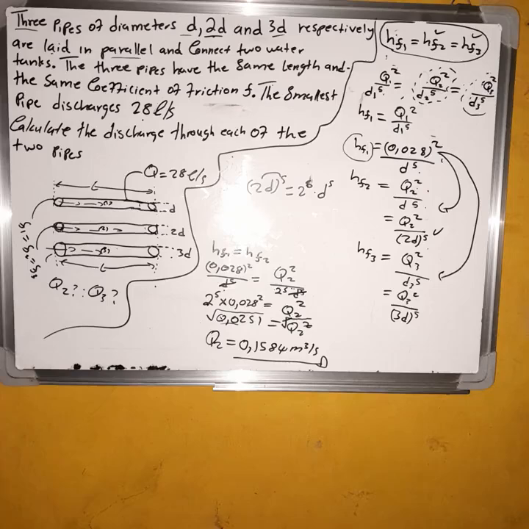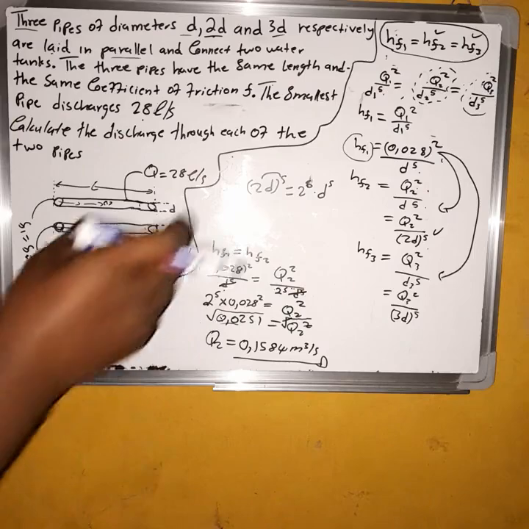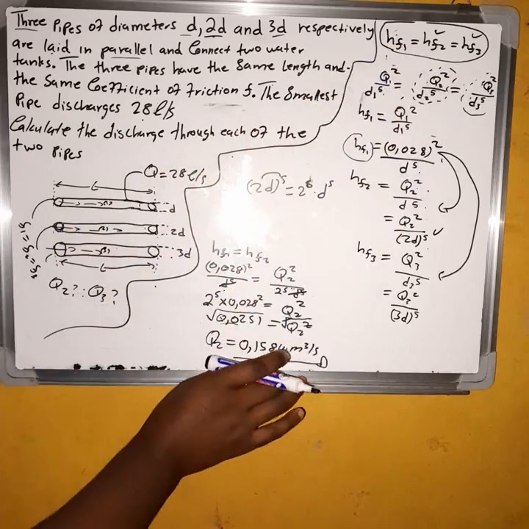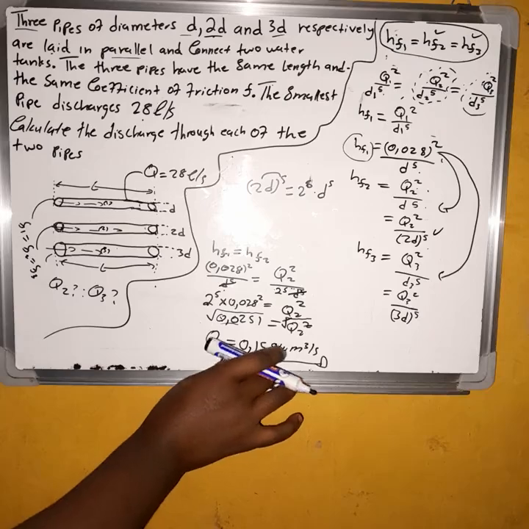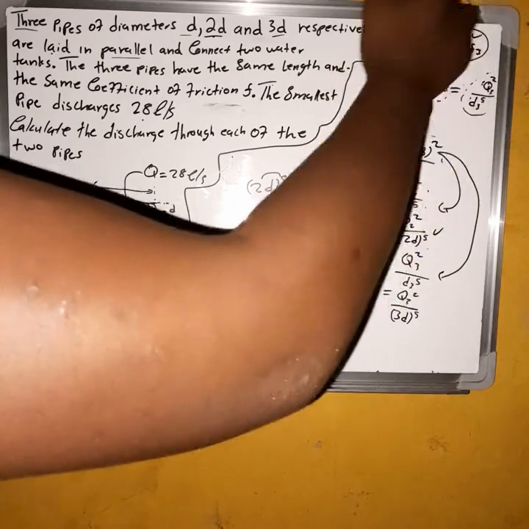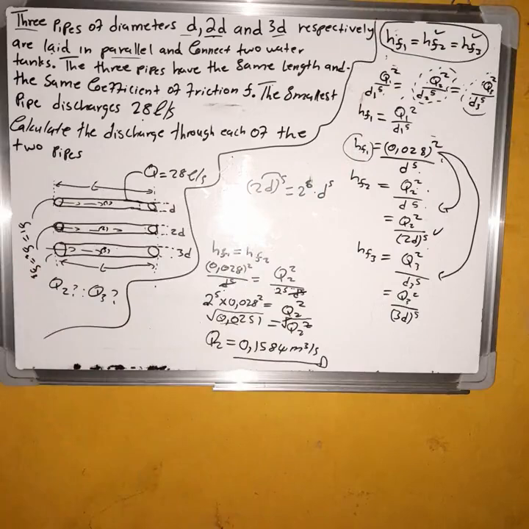We can equate again. Now that we have Q2, you can equate HF2 and HF3 or HF1 and HF3. It's up to you, it's one and the same thing.